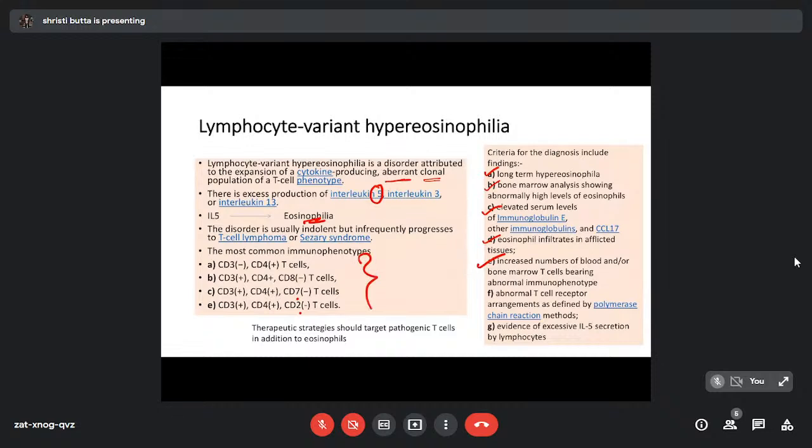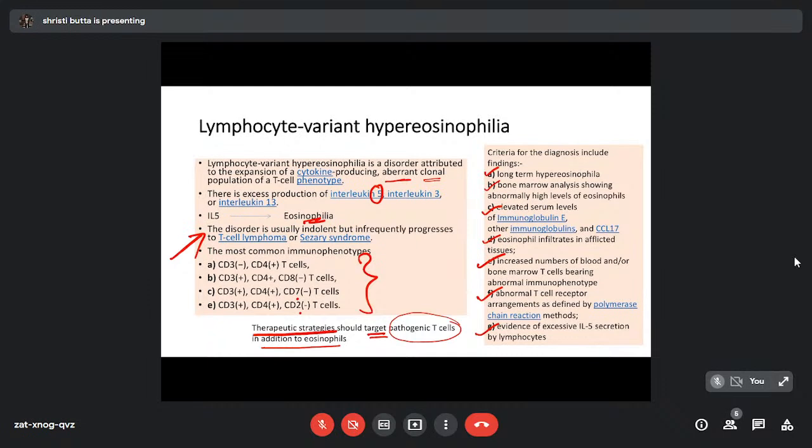Also abnormal T cell receptor gene rearrangements as defined by PCR methods, and evidence of excessive IL-5 secretion by lymphocytes. So it is very important that therapeutic strategies target these pathogenic T cells in addition to eosinophils, because they have a tendency to convert to T cell lymphomas and Sézary syndrome.